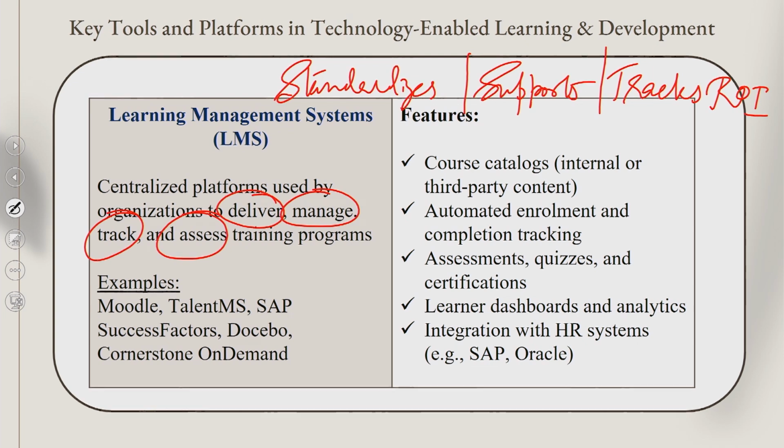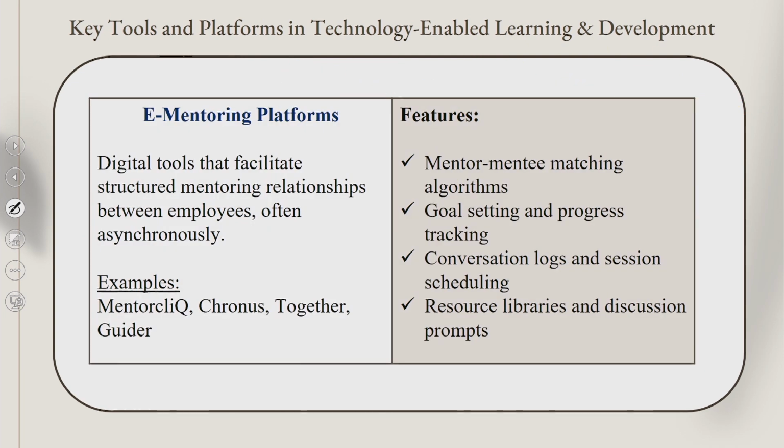Now let's look into some of the e-mentoring platforms. When we discuss the key tools and platforms in technology-enabled learning and development, we should not forget e-mentoring platforms. E-mentoring platforms are simply digital tools that facilitate structured mentoring relationships between employees, often asynchronously.